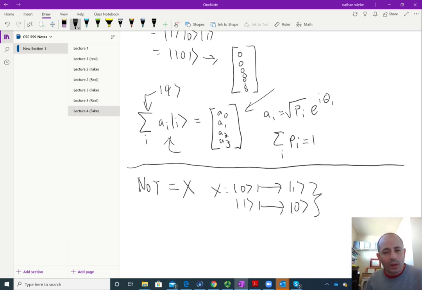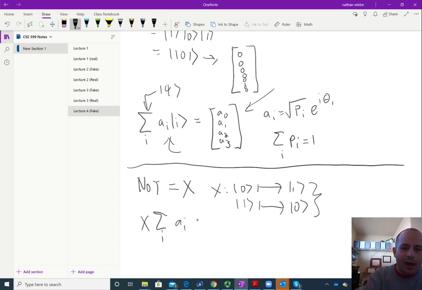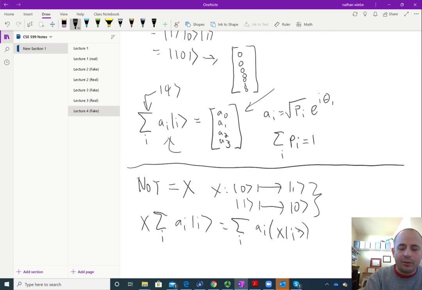So it's complete, but also all operations save measurement in quantum computing are linear, which means that if we apply a gate like X on the sum over i of A_i |i>, this is equal to the sum over i of A_i X|i>. All right, and that is enough in order to specify the action.